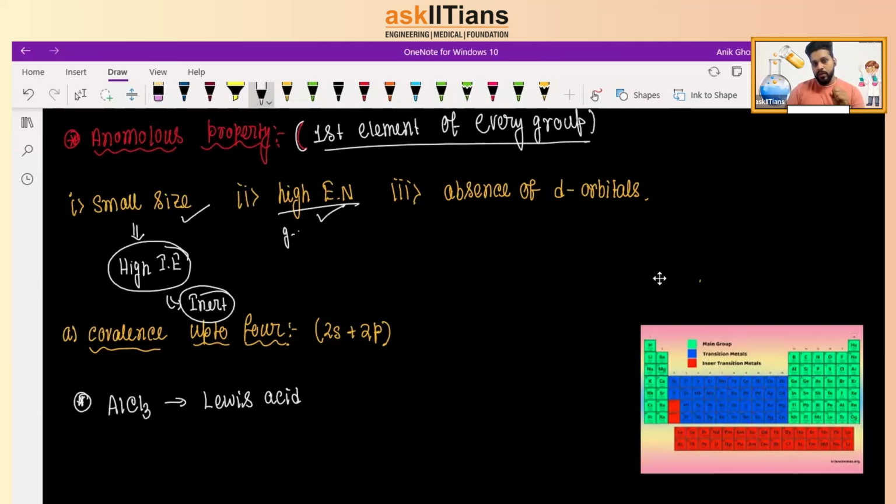I'm just talking about a generalized version, guys, because it's the same thing I'm going to see in every group, and I'll tell you that you can refer to that video at that time. These three, because of their exceptionally high electronegativity, can form hydrogen bonding. Correct? That is how it is anomalous.